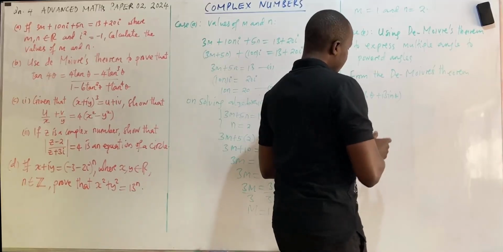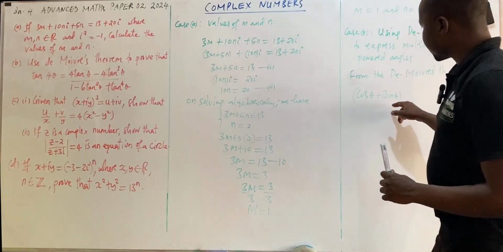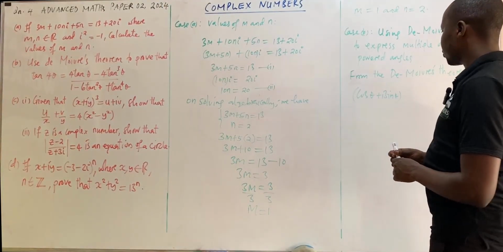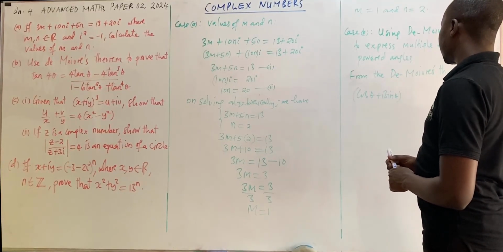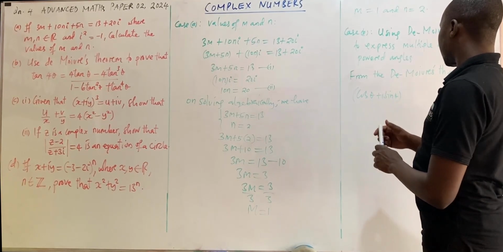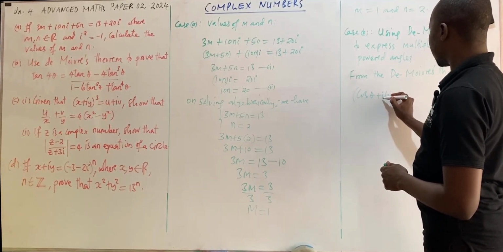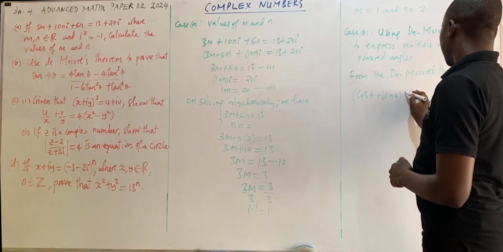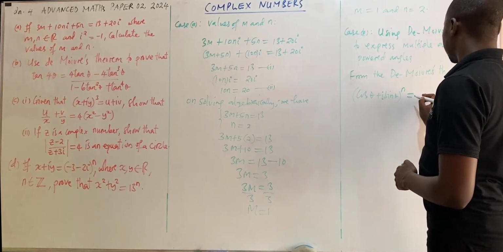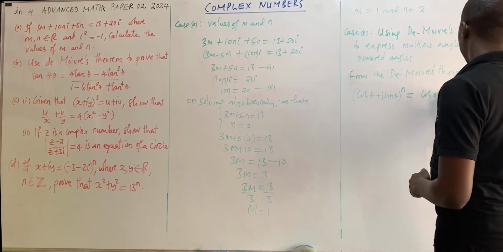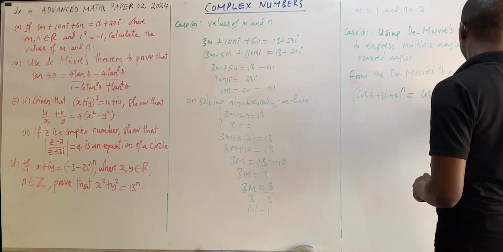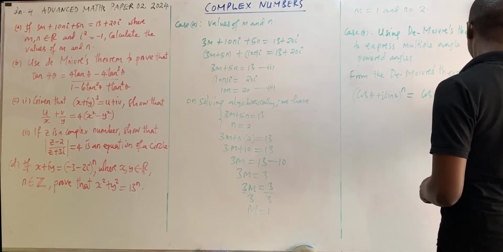So we can just say this complex number expressed in polar form has magnitude of 1. So it's like saying now cos of theta plus i sine of theta. This is i, the imaginary part of this complex number. Now, if raised to n, the cosine of the multiple angle now will be cos n theta plus i sine of n theta.